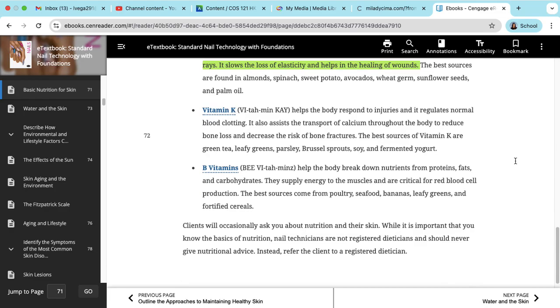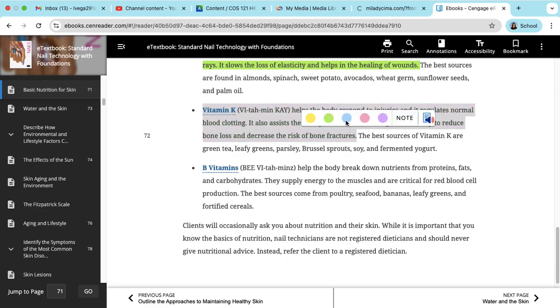Vitamin K helps the body respond to injuries and it regulates normal blood clotting. It also assists the transport of calcium throughout the body to reduce bone loss and decrease the risk of bone fractures.